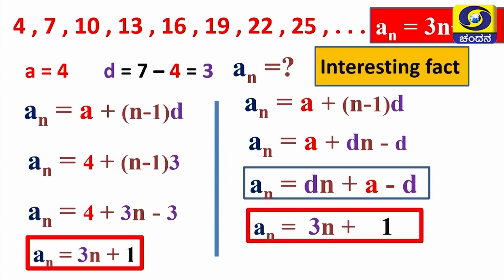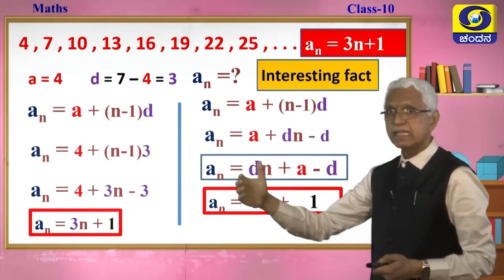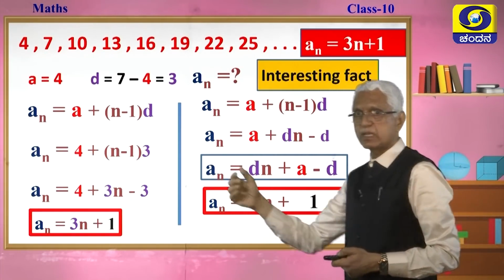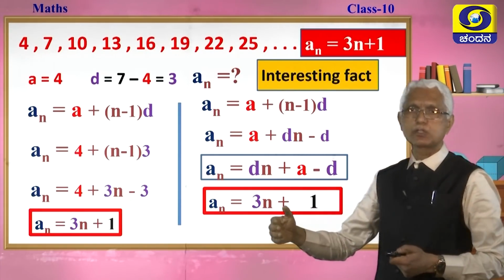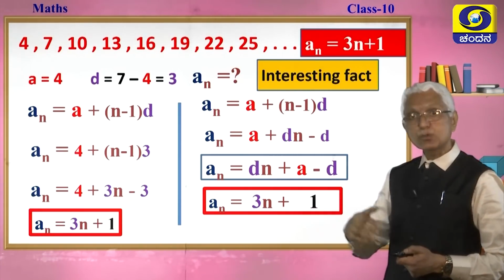Please watch what we are going to do, right? I had an is equal to dn plus a minus d, and an is also equal to 3n plus 1, correct? That means an is dn plus a minus d, and the same an is also equal to 3n plus 1.